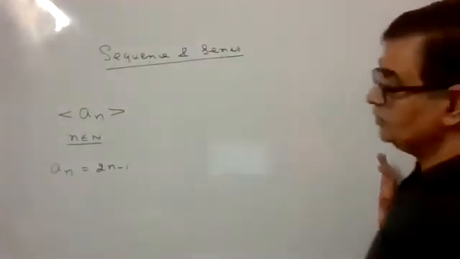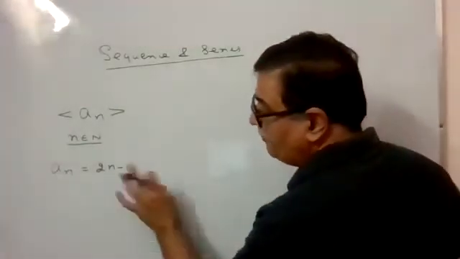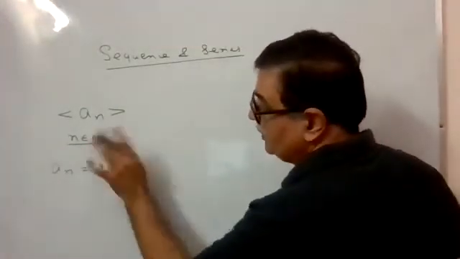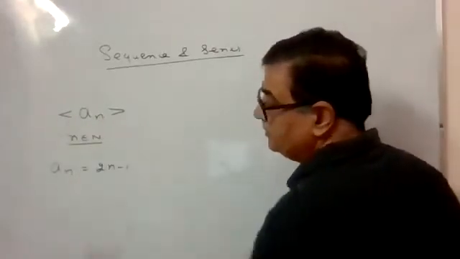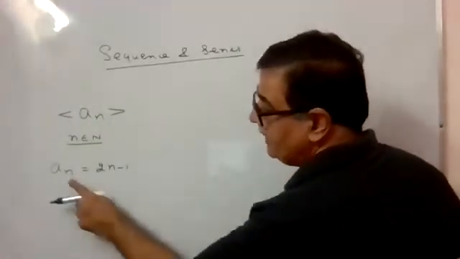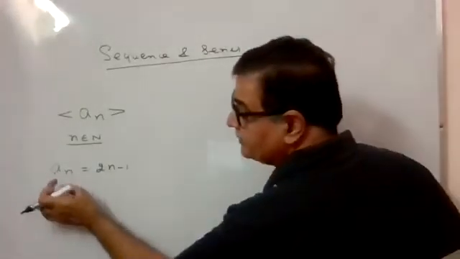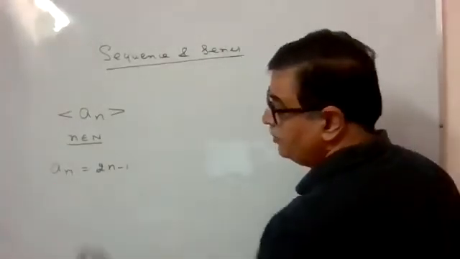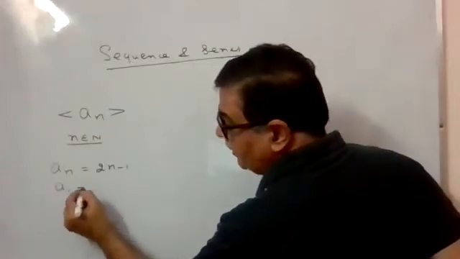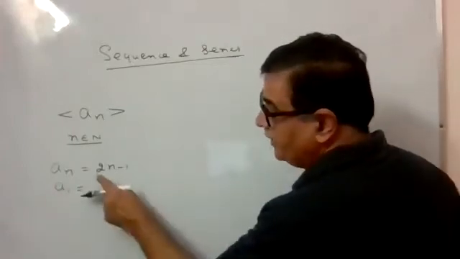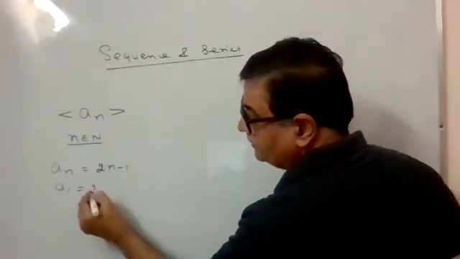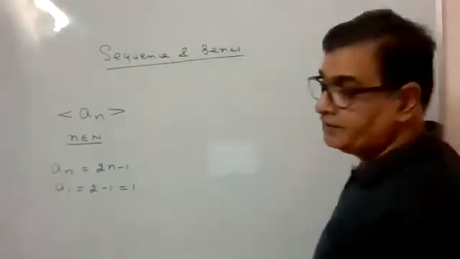Yes, please. So AN, if we have 2n minus 1, n belongs to natural number. AN is the sequence I told you. Now n is a natural number, and AN is totally depending on n. For example, if I say A1, then it will come 2 into 1 minus 1, which is 1.